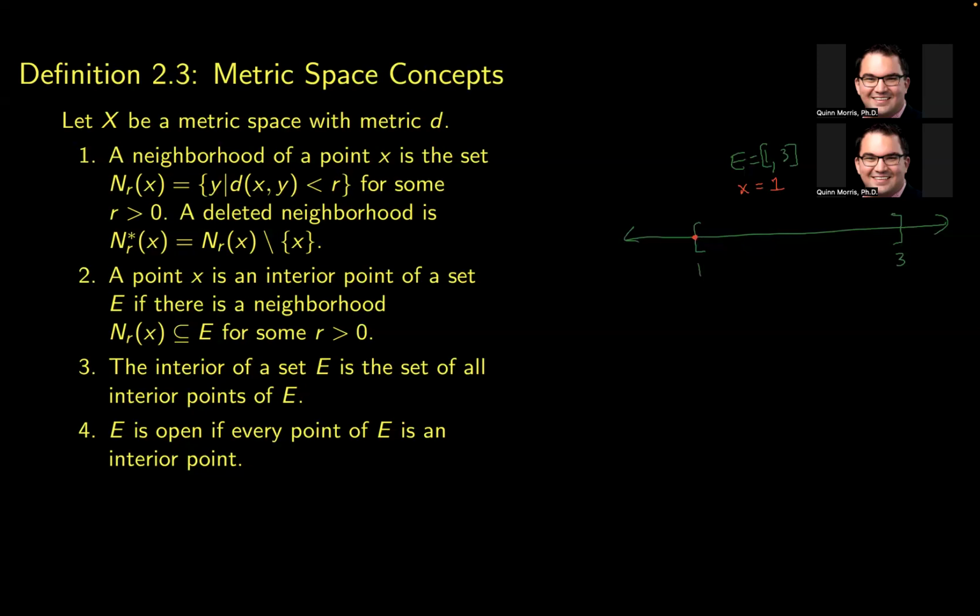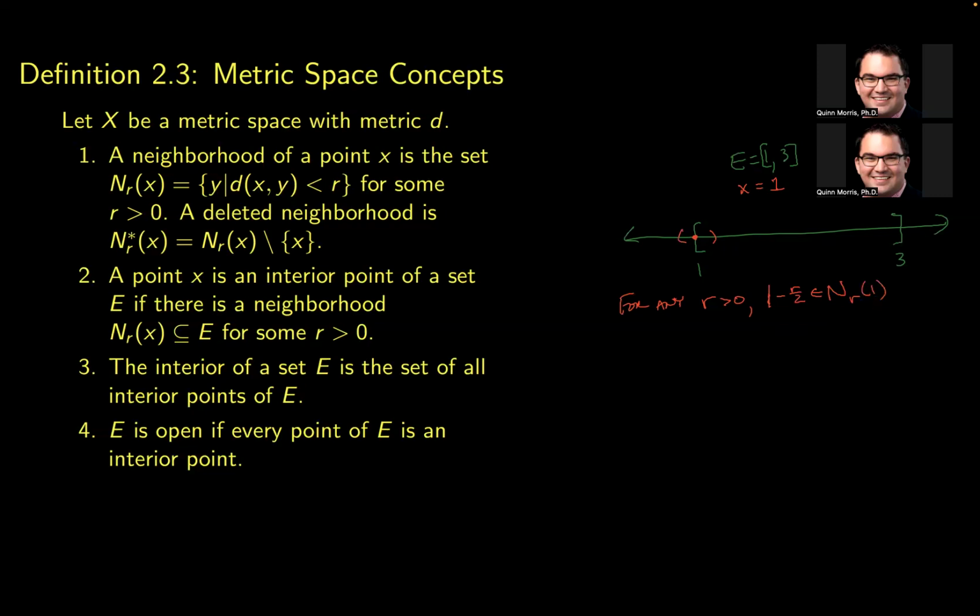Now notice here that no matter what radius I choose, even if I choose this radius really, really small, there are going to be points in the neighborhood of radius r that are not in the interval [1, 3]. So for any r greater than 0, for example, 1 minus r over 2 is an element of the neighborhood of radius r around 1.